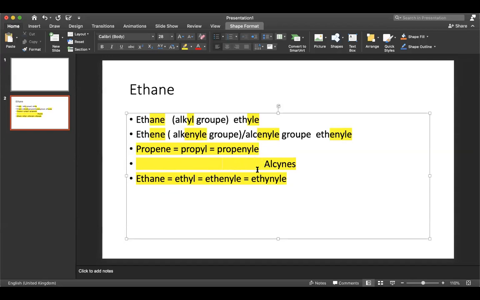Alkenes, like that. This is the order of substituents that you might find in future.